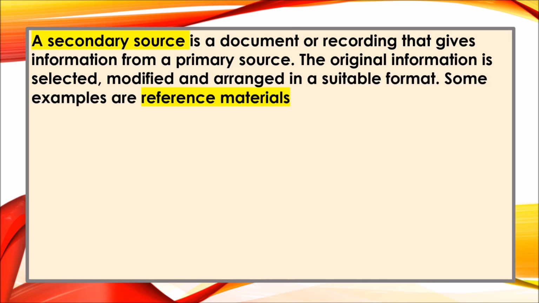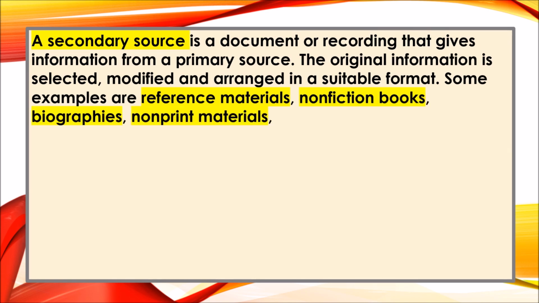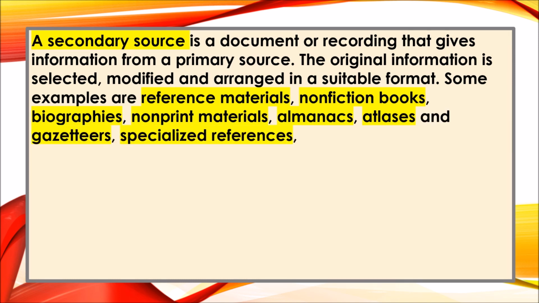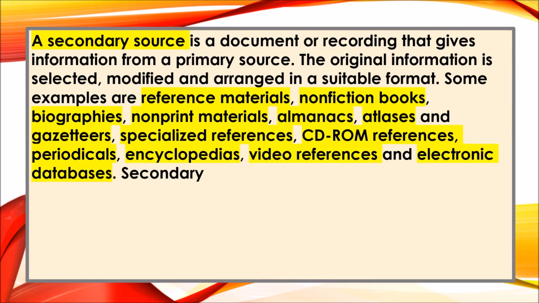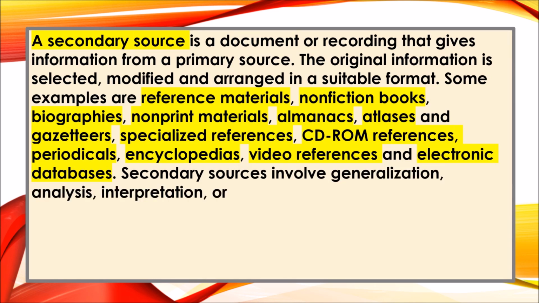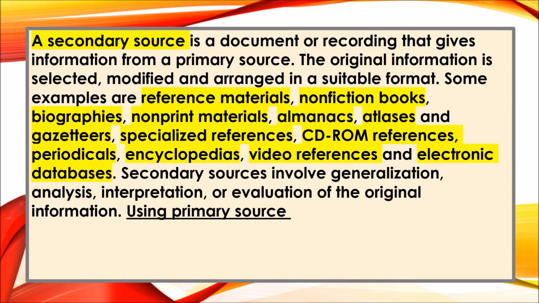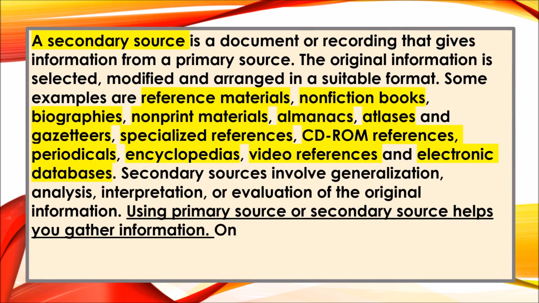Some examples are reference materials, nonfiction books, biographies, non-print materials, almanacs, atlases, and gazetteers, specialized references, CD-ROM references, periodicals, encyclopedias, video references, and electronic databases. Secondary sources involve generalization, analysis, interpretation, or evaluation of the original information.